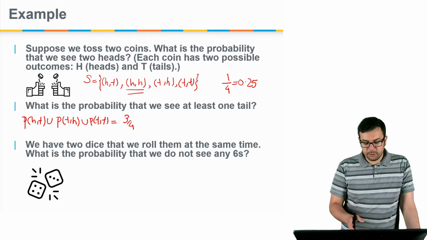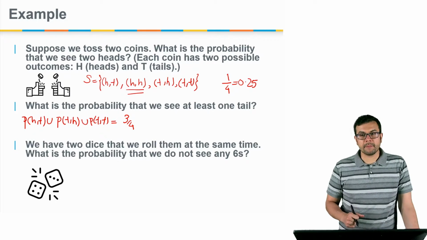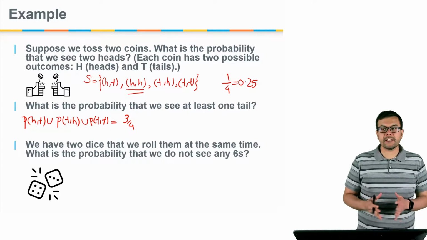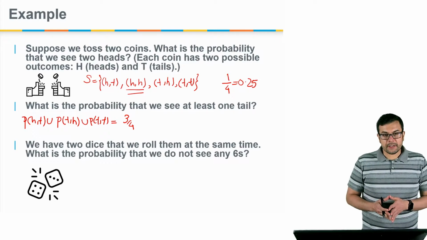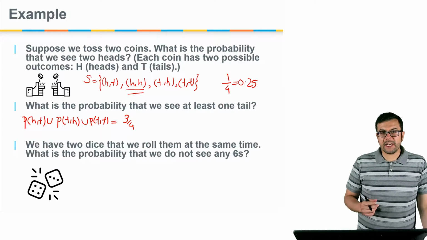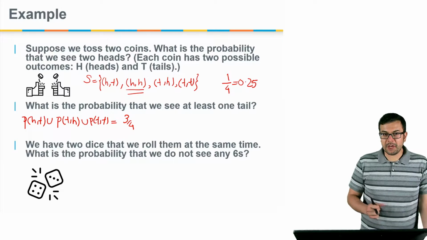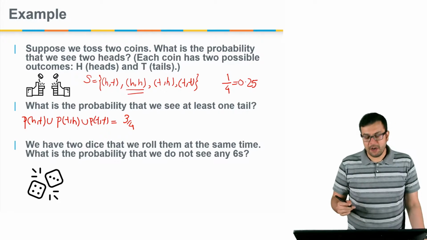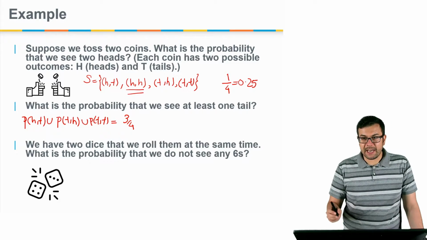What if we have two dice and we roll them at the same time? Assuming those dice are fair, what is the probability that we don't see any 6s? To calculate this probability, it is easier to calculate the probability of seeing at least one 6, and then subtract it from 1.